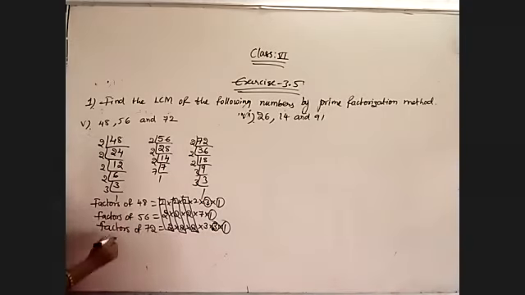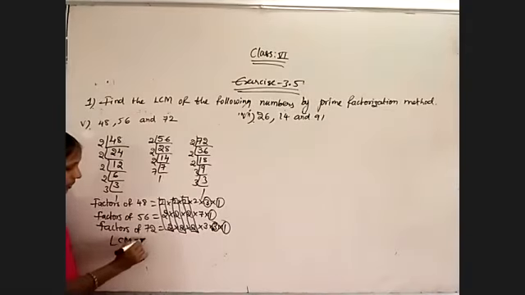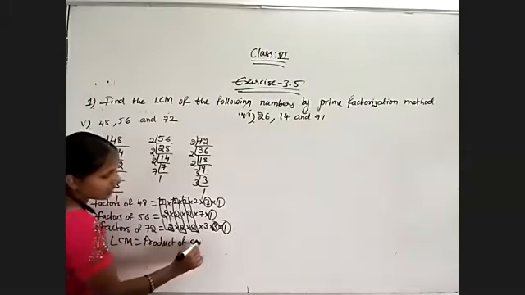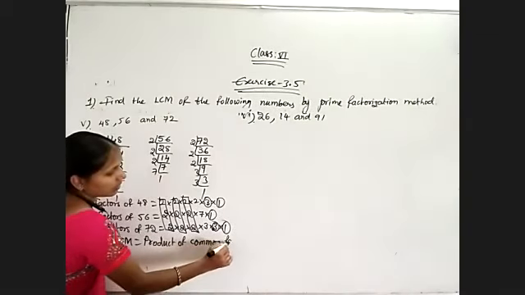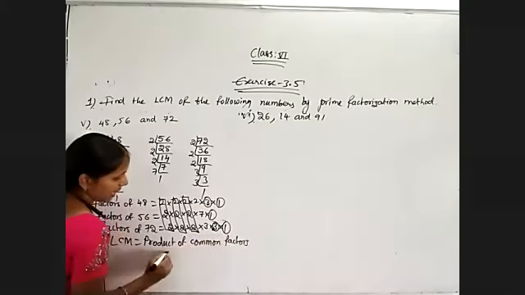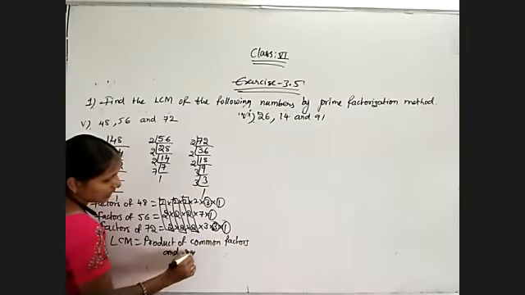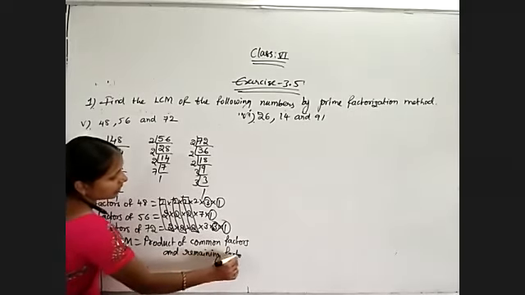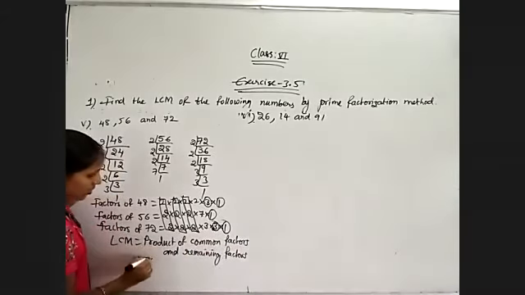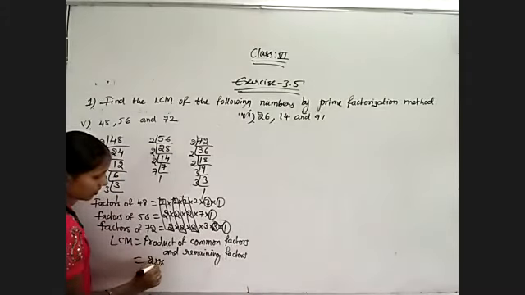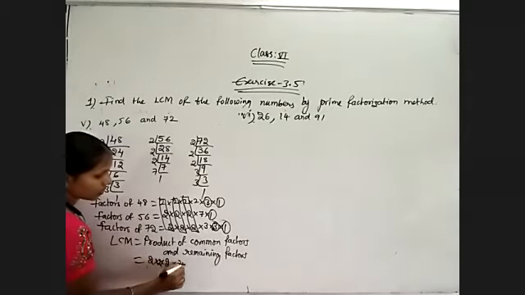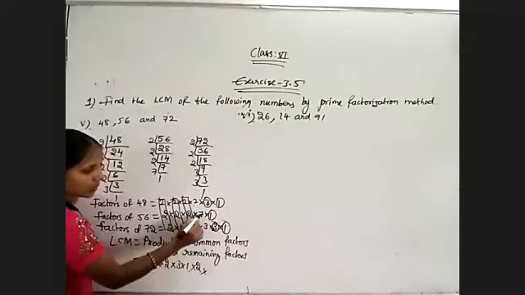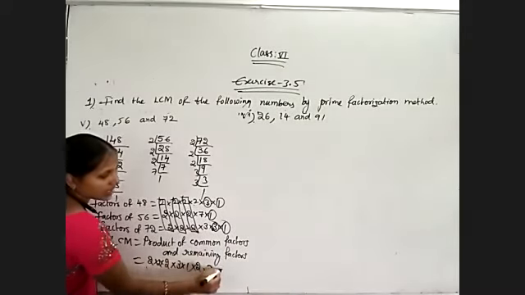Now LCM is equal to the product of common factors and remaining factors. So the common factors are 2 and 2 and 2 and 3 into 1, and the remaining factor in the first number is 2, in the second number is 7, and in the third number is 3.